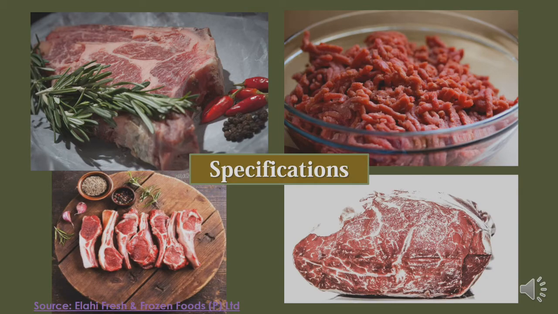How thin or how thick it is, he can decide by himself, not just the vendor or suppliers cutting for them. And also maybe he wants to mince it as well.